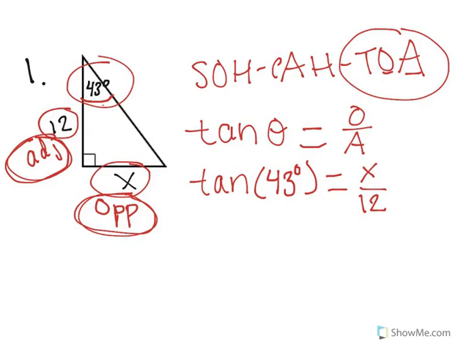Now to solve for x, it's just like solving an equation. To get x by itself, we want to undo this division, so we use multiplication. So multiply that right side by 12 and this left side by 12. Use a different color there.